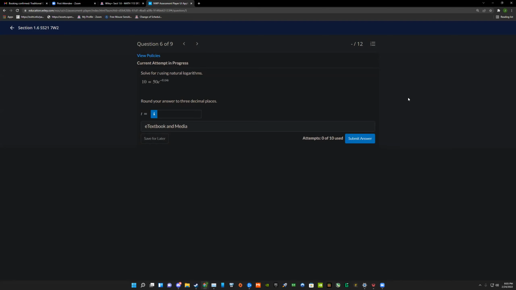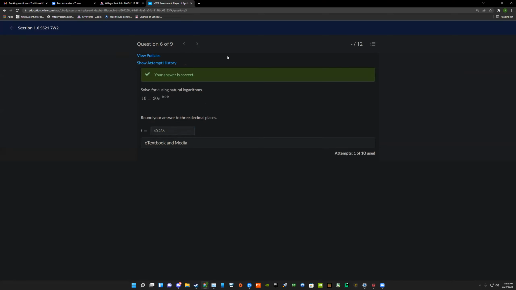So you end up dividing both sides by negative 0.04. So natural log of 1/5 is negative 1.6, and then divide by negative 0.04, right? I get 40.236. Perfect. That's what I get also. Submitted, correct.